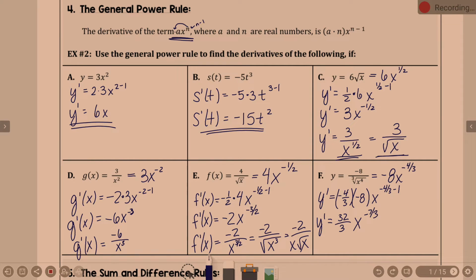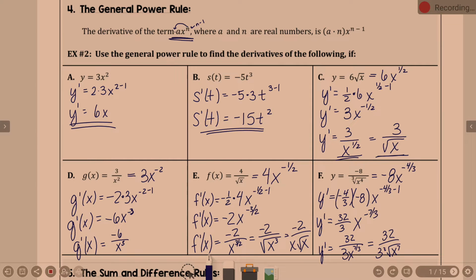Now, options. Get rid of the negative exponent. To get rid of the negative exponent, properly written, x to the negative 7/3 goes to the denominator. What's already in the denominator? 3. So 32 over 3x to the 7/3 would be how my answer key stopped. If you wanted to, 32 over 3 times the cube root of x to the 7th.